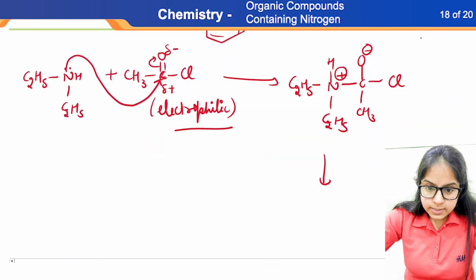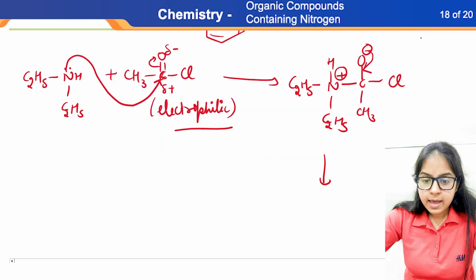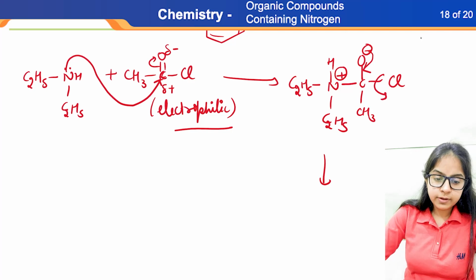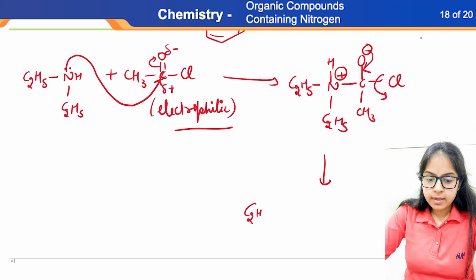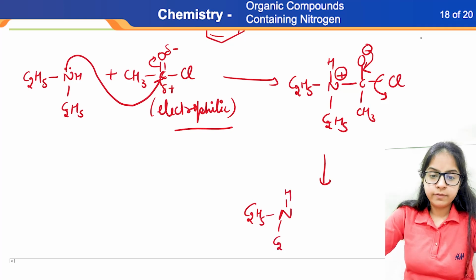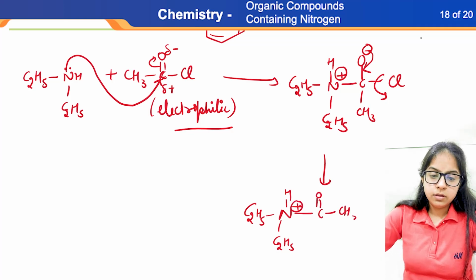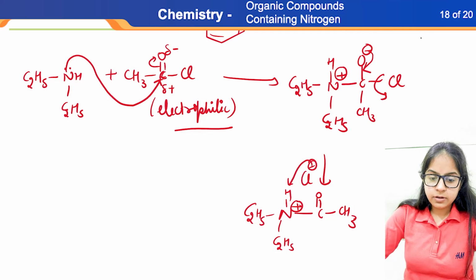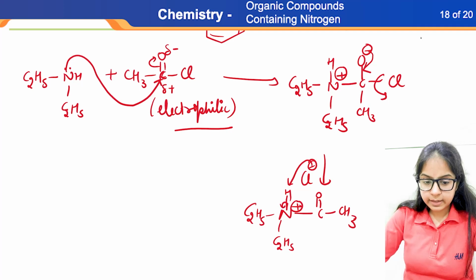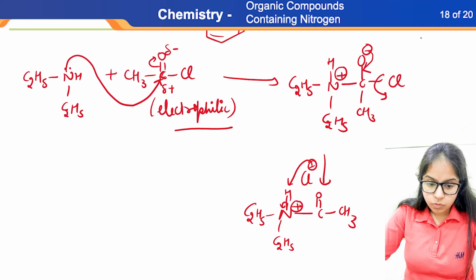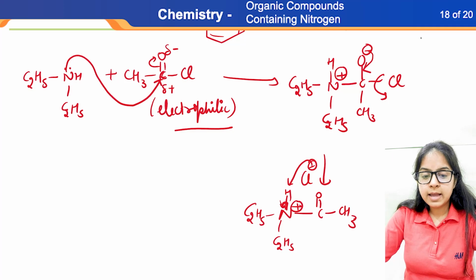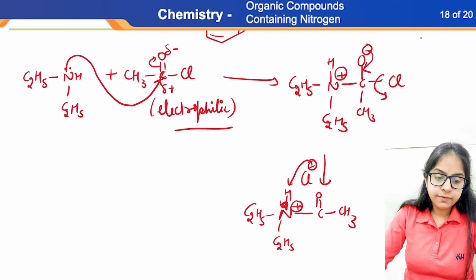Now, this oxygen will come back and the Cl, a good leaving group, will leave. Here we'll have a positive charge, CO, CH3. Now the Cl negative will take up this hydrogen and this bond is going to dissociate towards nitrogen, and nitrogen will have a negative charge.